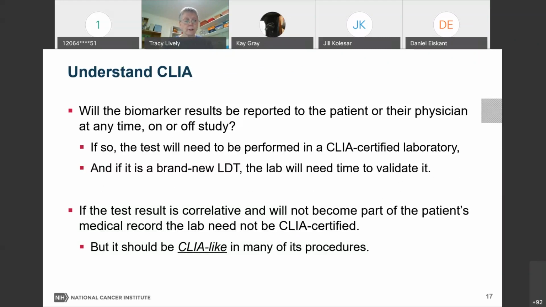If the test result is correlative and it's not going to be part of the medical record, then the lab does not need to be CLIA certified. You will note from the presentations that you're about to hear that Dr. Pavlovich's lab is CLIA certified, whereas Dr. Ferrigalo's is not. It doesn't have to be, but it's very CLIA-like in many of its procedures, as she will describe, and that's what's actually important.